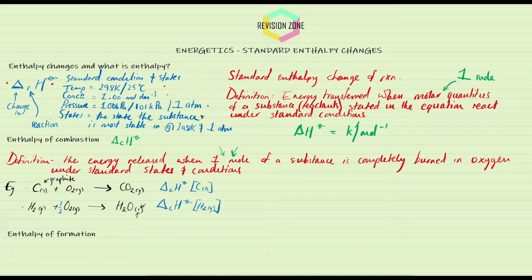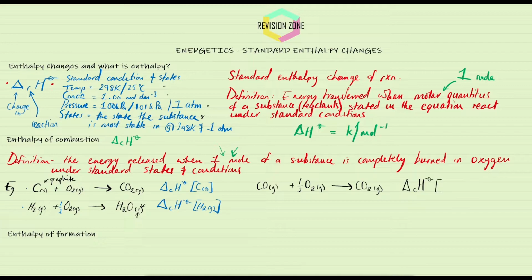Another example I'm going to use is carbon monoxide. Now, carbon monoxide is a gas. I can react that with oxygen gas, and that will give me carbon dioxide gas. Now, again, I need to balance, and put my half there, and my descriptor is delta CH in brackets.